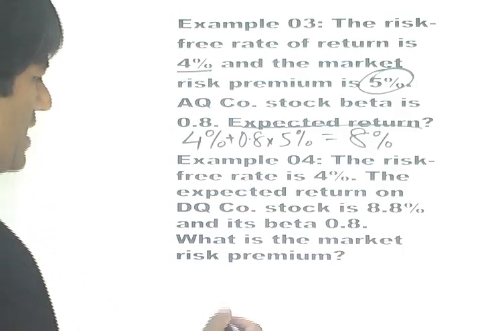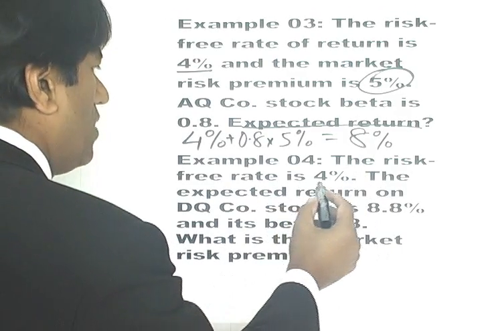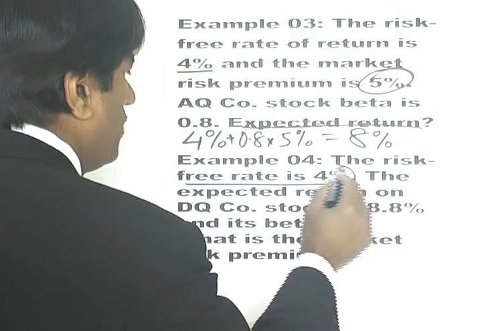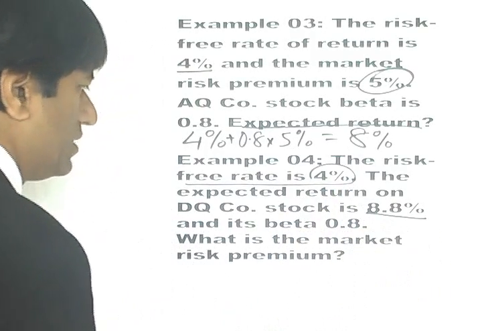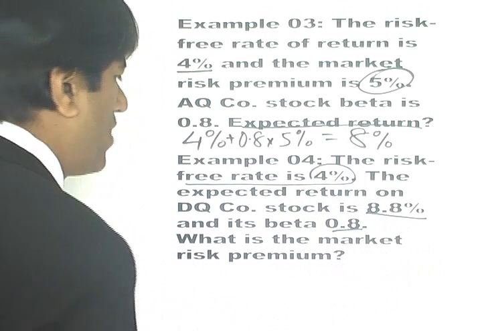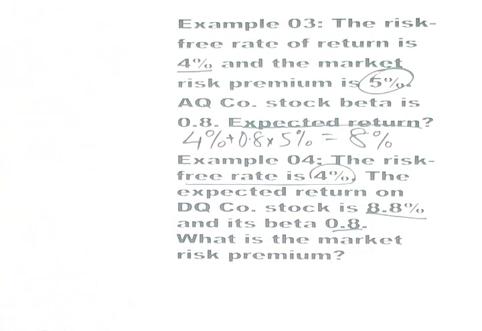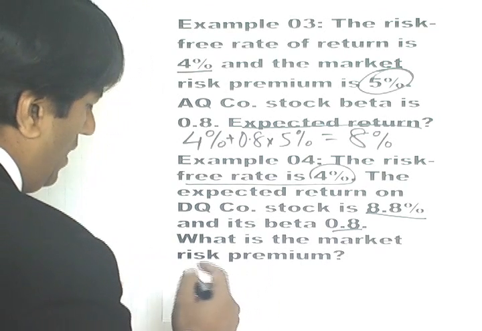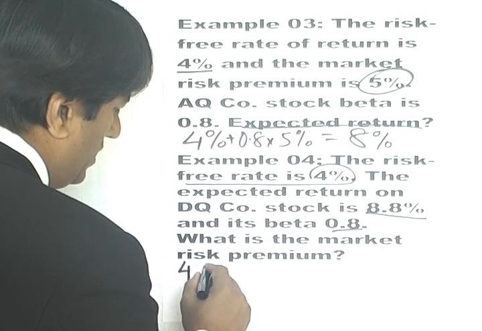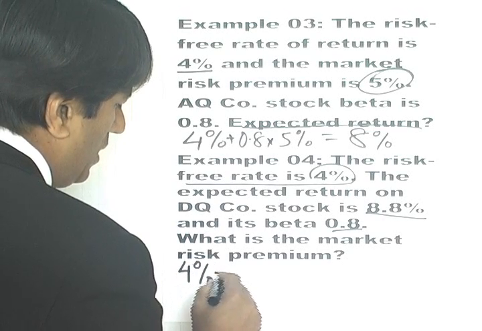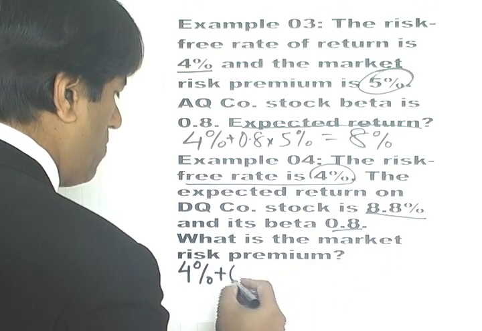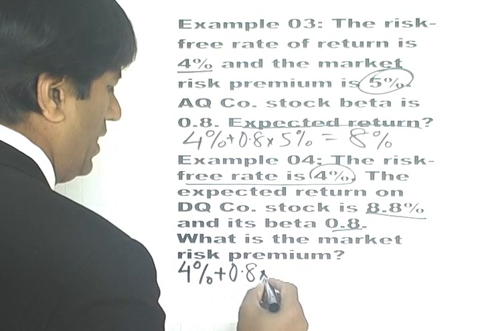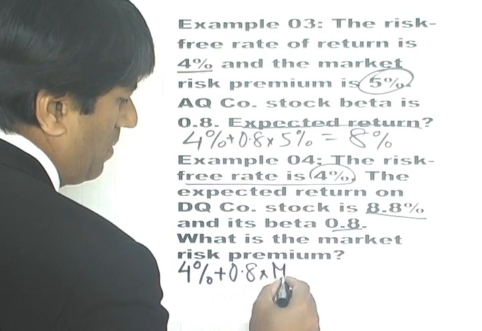In this example, we have the risk-free rate to be 4%, expected return to a stock is 8.8%, and its beta is 0.8. And the question is, what is the market risk premium? Well, again, you will have the equation that 4% plus 0.8 into the market risk premium.